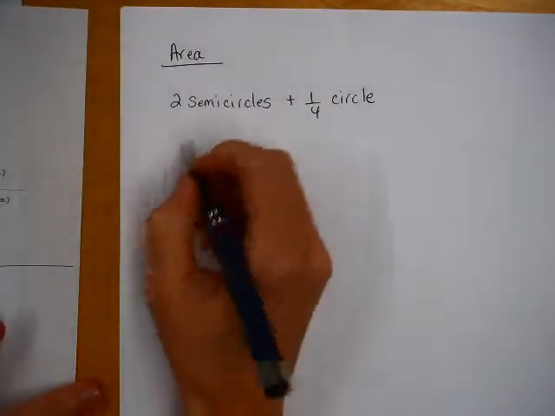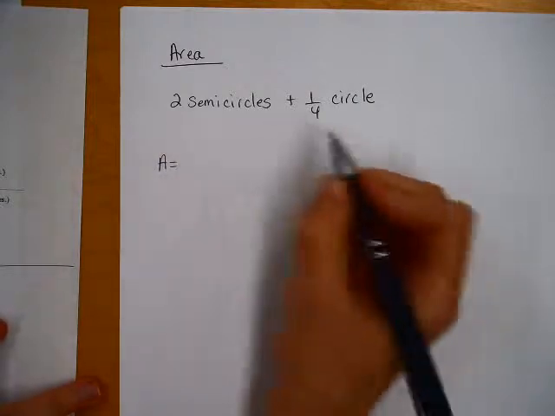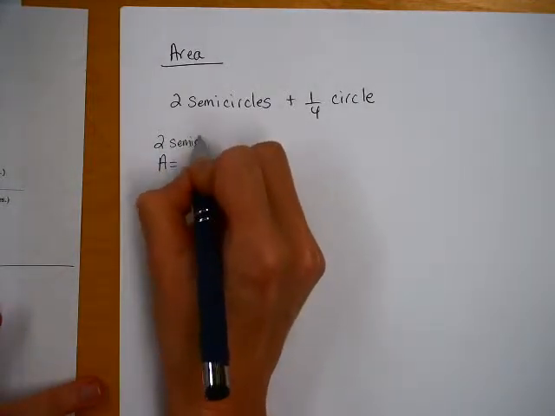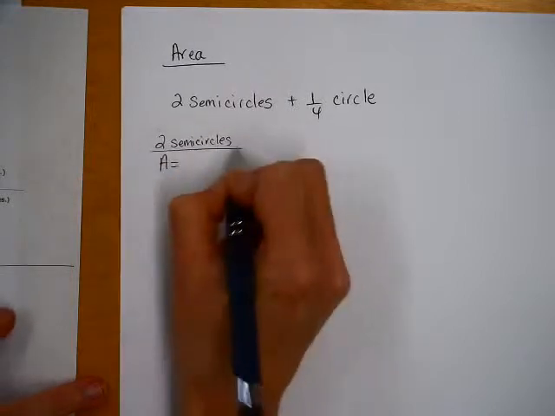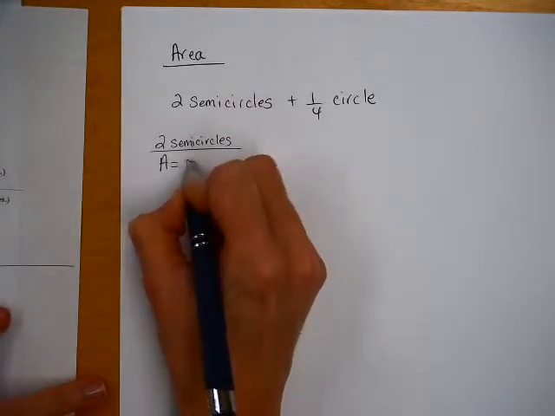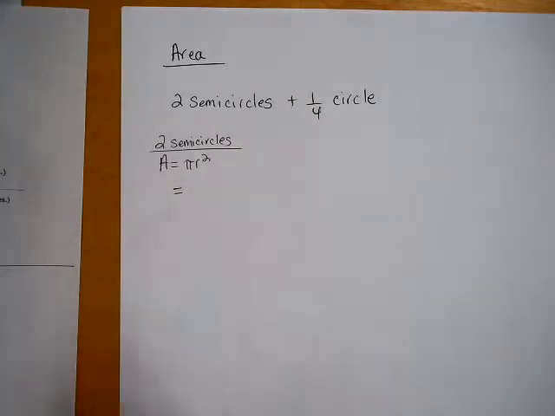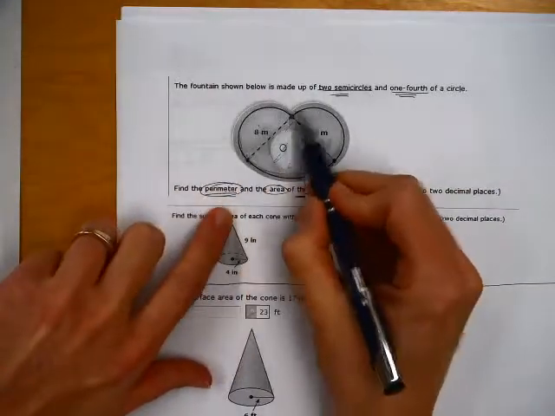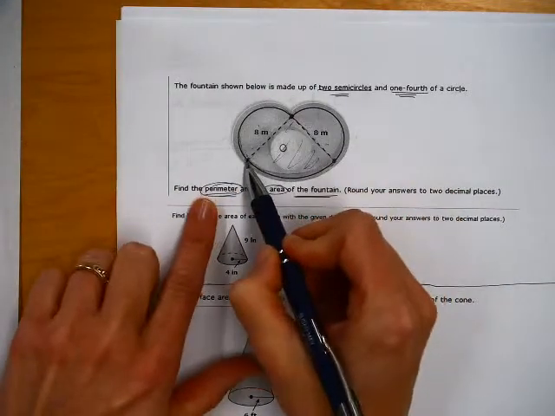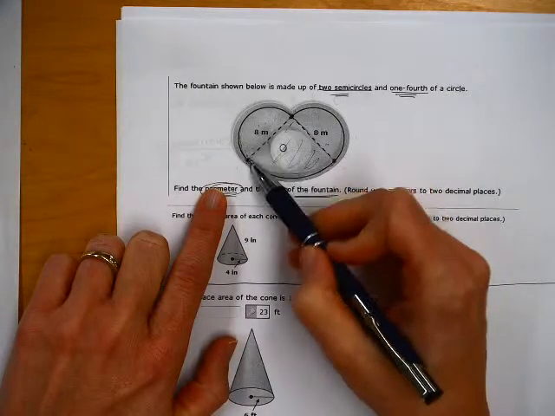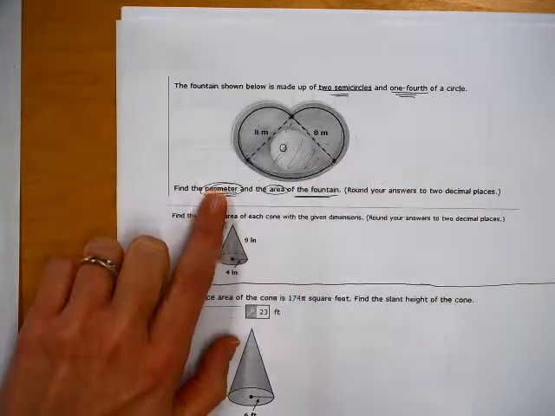Well, I know the area of a circle, so we're going to start with the 2 semicircles first, is pi times radius squared. For our semicircle, if you go back, that's these 2 parts. This is the diameter of the semicircle, so the radius, halfway from here to the center, would be 4.